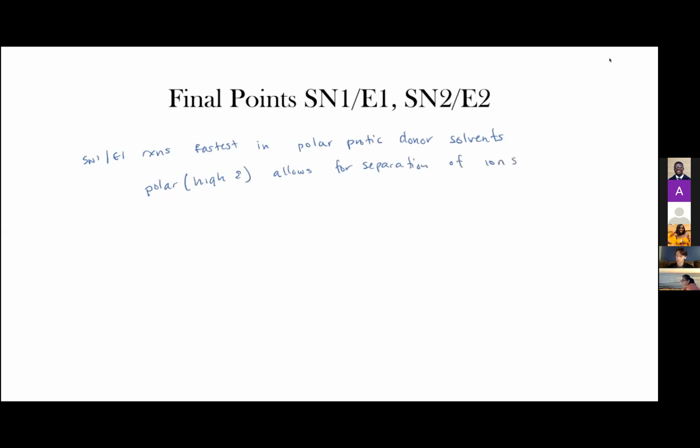And then the protic and donor portions stabilize both the positive and negative charges.